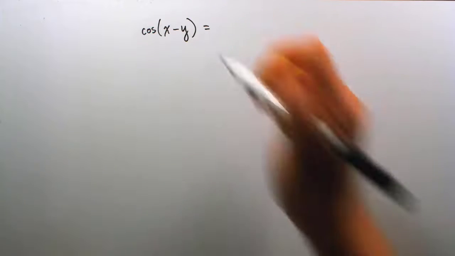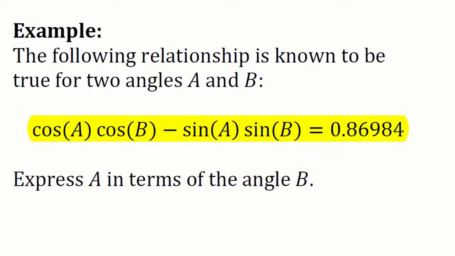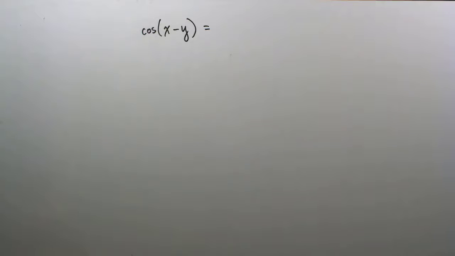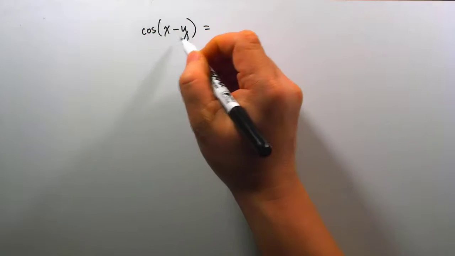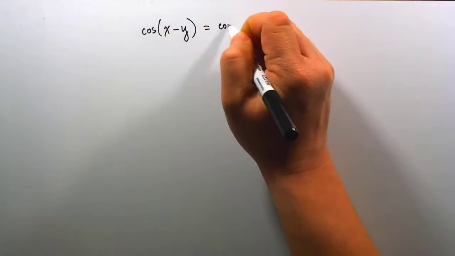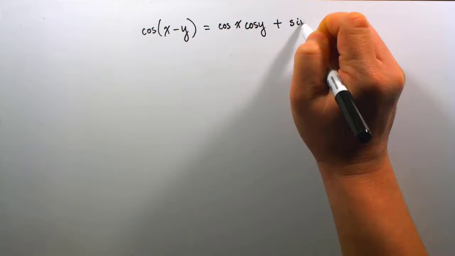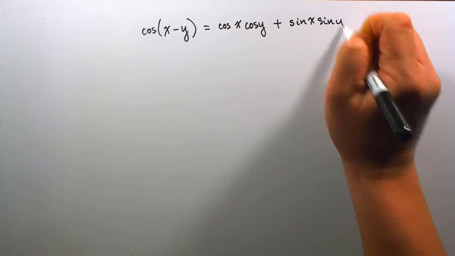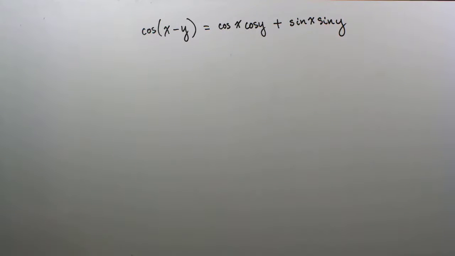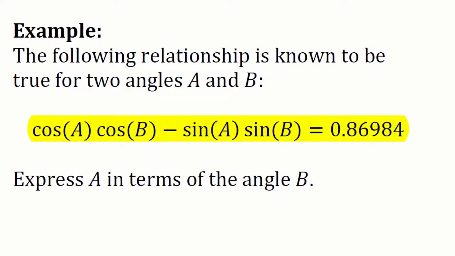So be aware that your left-hand side of this current problem could be something that came out from the cosine of a difference identity. And if that happens, then recall that cosine of x minus y equals cosine of x times cosine of y, but plus sine of x times sine of y. And in other cases, your problem looking just like this one, but this relationship is showing on the left-hand side the identity sine of a sum.